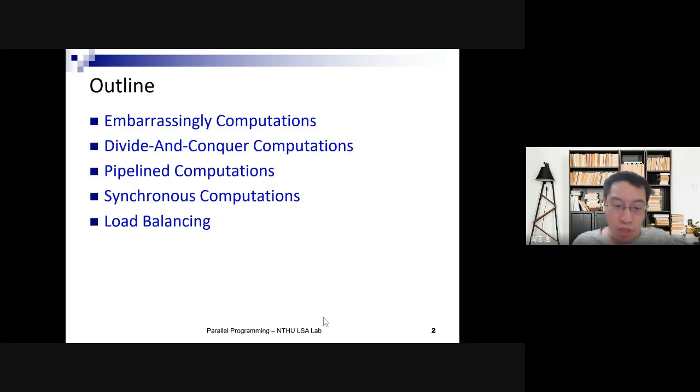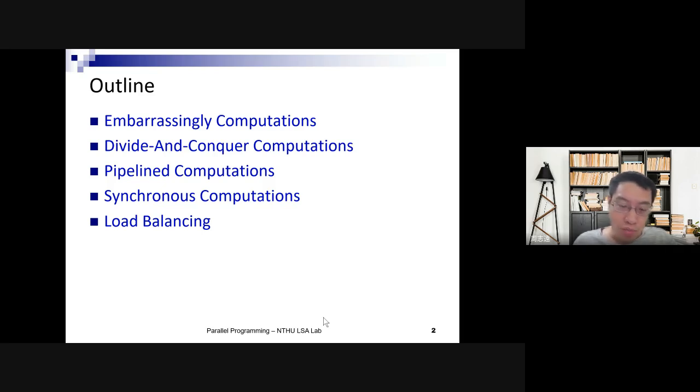And at the end, we introduce load balancing, which is very critical to parallel programs, because again, the computing time or the performance of a parallel application depends on the last finished task of the parallel program.